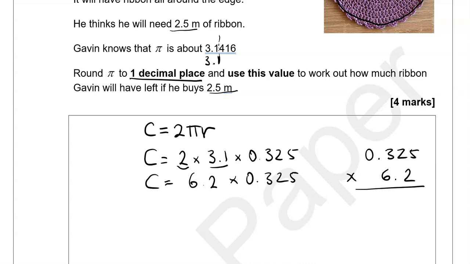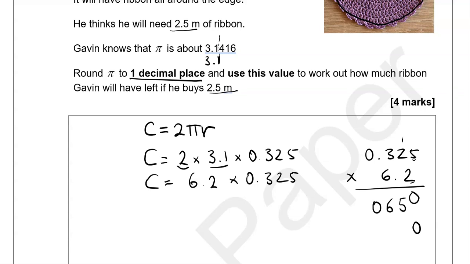Let's ignore the decimal points first. So 2 times 5 is 10, so 0 down and 1 carried over. 2 times 2 is 4 and the 1 is 5. 2 times 3 is 6. 2 times 0 is 0.